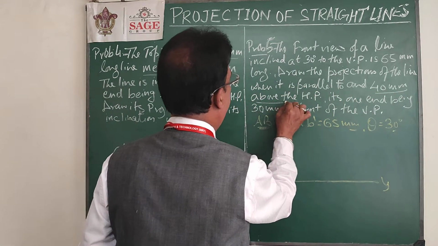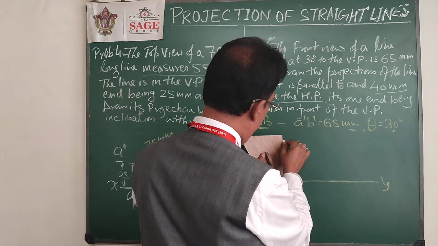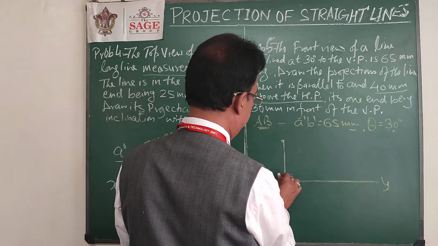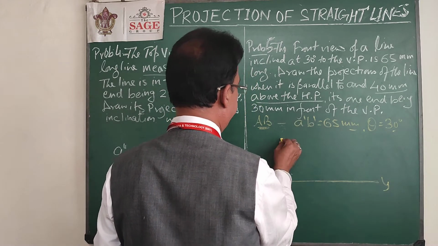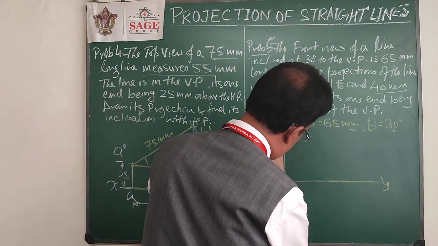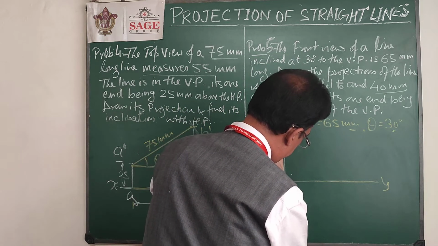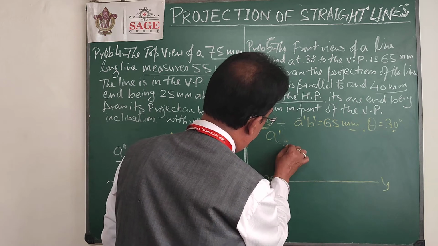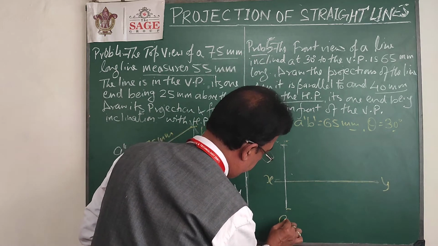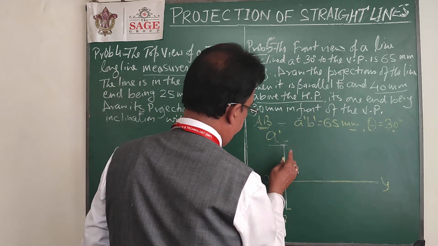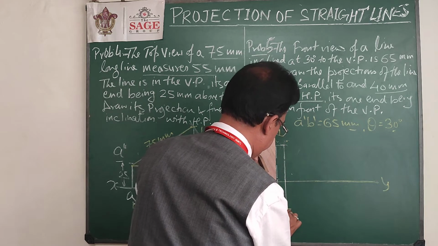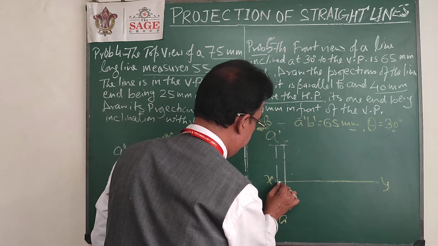They are saying the line is parallel and 40 mm above. So go upside 40 mm and we will get the point A dash, and from this A dash go downside 30 mm, and you get the point small a. So this is the first point, 40 and 30.